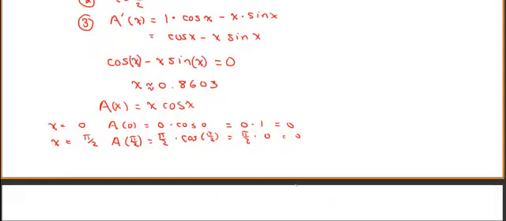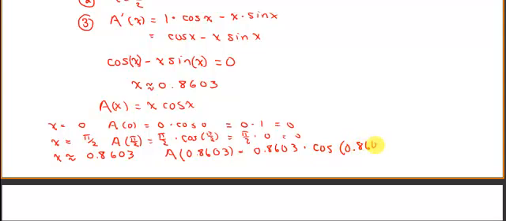And then I'd have x approximately 0.8603, and here I have A of 0.8603 is 0.8603 times the cosine of 0.8603.